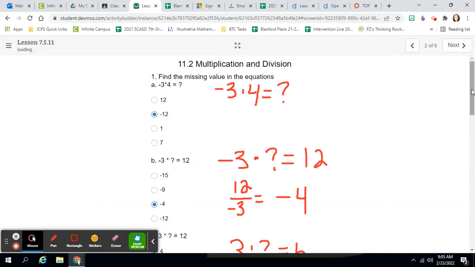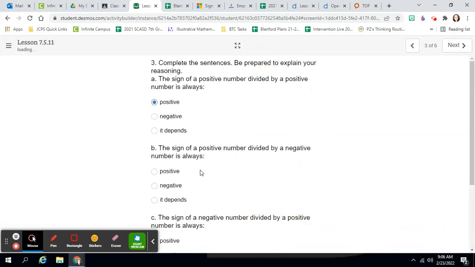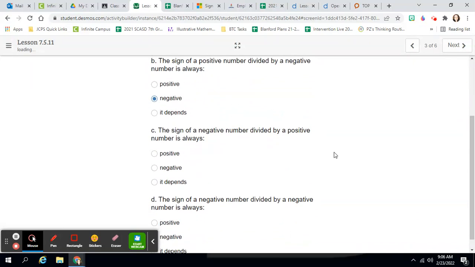A positive divided by a negative. Well, here's a positive number divided by a negative, and it's a -4, right? And we knew that because to multiply a negative you have to multiply by another negative to get a positive number. So no matter what, always, if you're dividing a positive and a negative, you get a negative. It's just like multiplication.